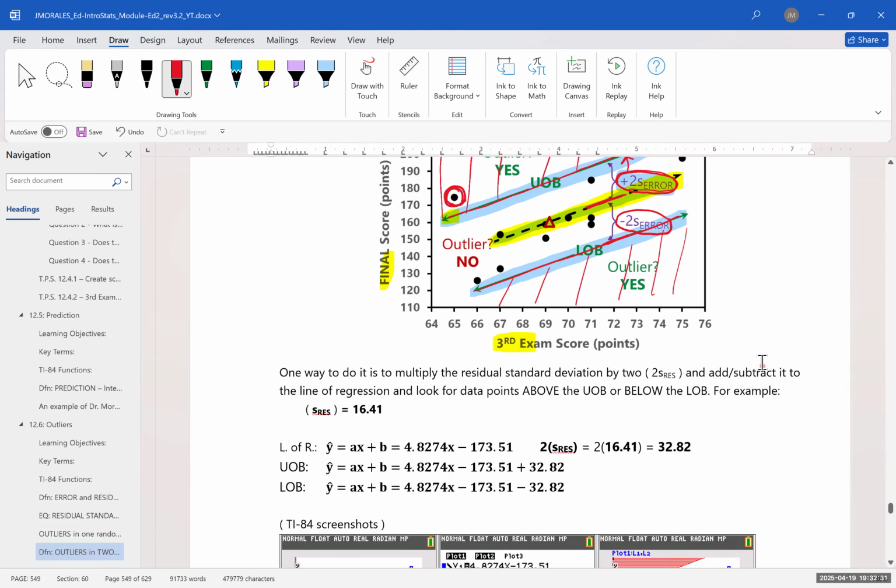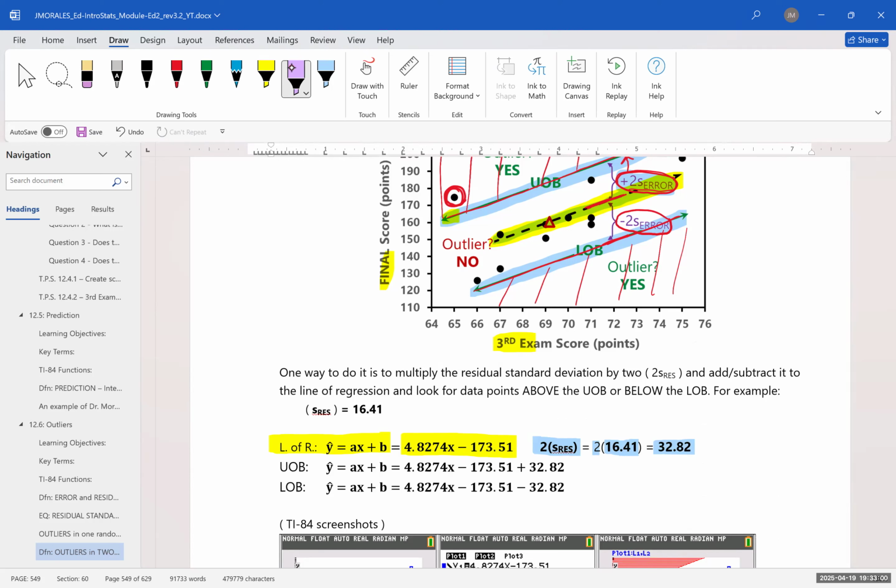Okay, so what you do is you start with your line of regression, which is this equation. And then you have your 2 times the standard deviation of the residuals. The standard deviation of the residual was 16.41, and you're doing 2 times that, which gives you 32.8.